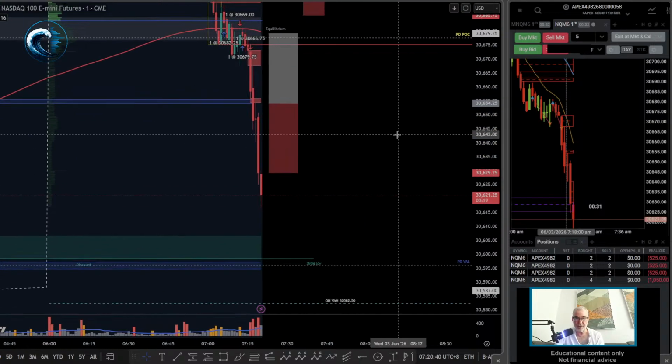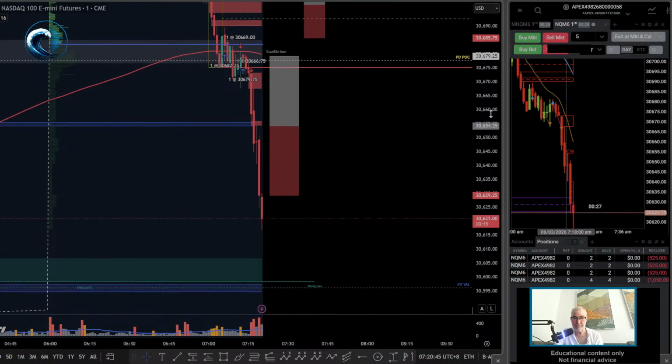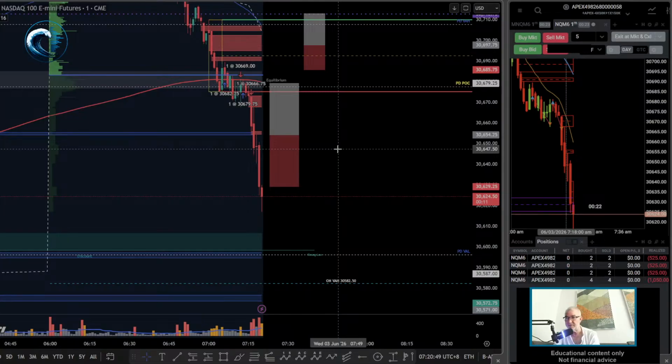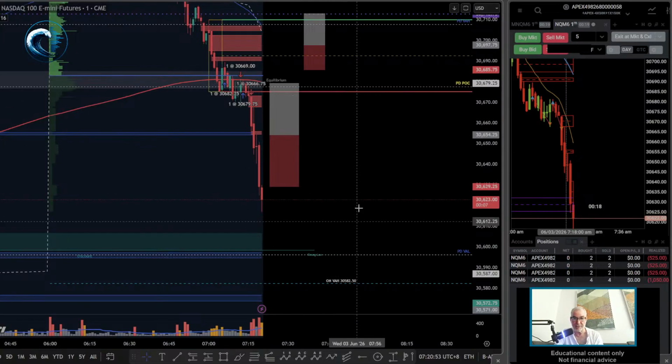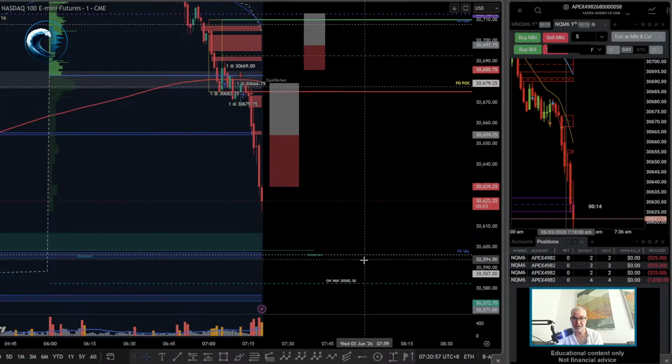It's just hard getting in. Geez, this thing wants to sink. Normally Asia plays around a bit. Well, I shouldn't say normally, but a lot of the time Asia plays around between levels, so you get a few chances to get in.